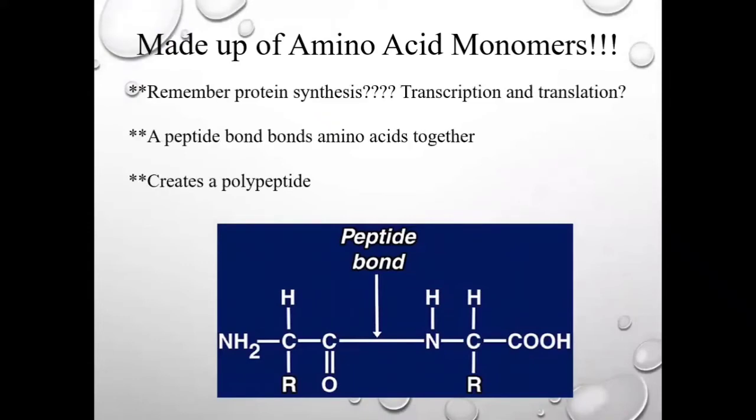Remember protein synthesis sa grade 9, if I'm not mistaken. Transcription and translation. Do you remember that during your grade 9? A peptide bond joins amino acids together, which creates a polypeptide. Okay?